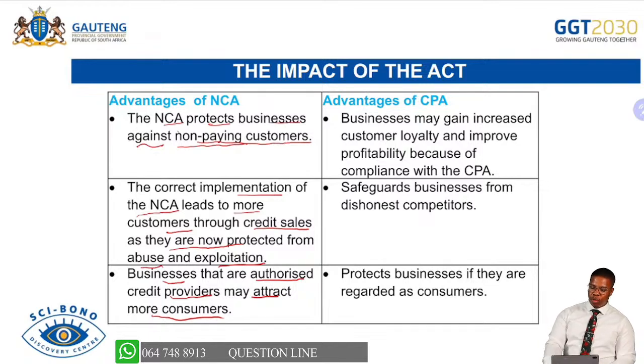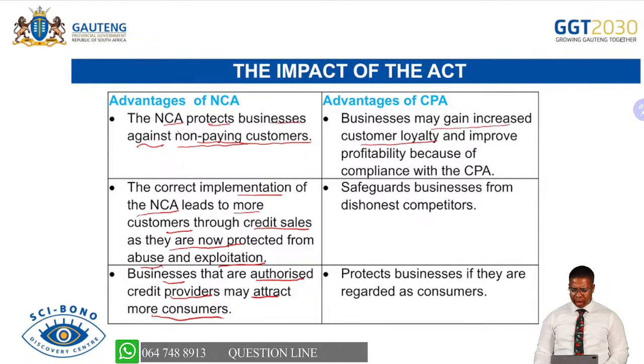Now, when you look into the advantages of the Consumer Protection Act, to say when the business complies with this act, what are the advantages? Businesses may gain increased customer loyalty. Why would customers be loyal? They would be loyal because this business is providing information so that customers make informed decisions before they buy their goods or services.